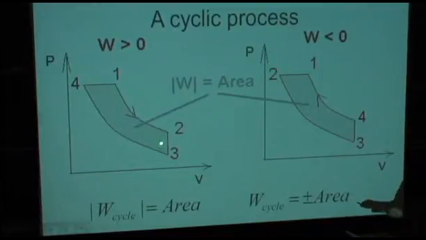If the cycle is clockwise, the system does positive work. So the system actually does work we use for us. If it's counterclockwise, it's not an actual engine. That's more like a refrigerator. We do some work on the system, and that system pumps heat in a certain direction we like.